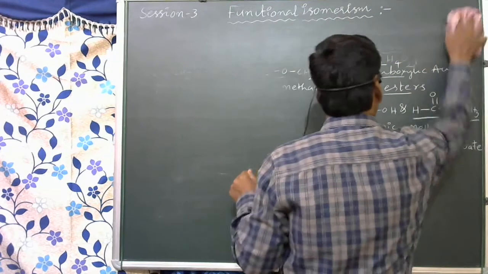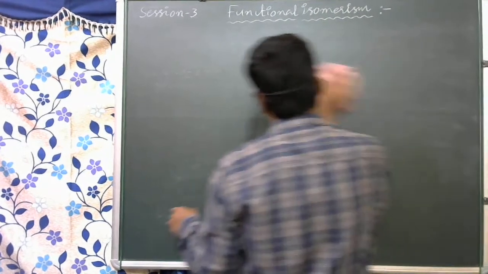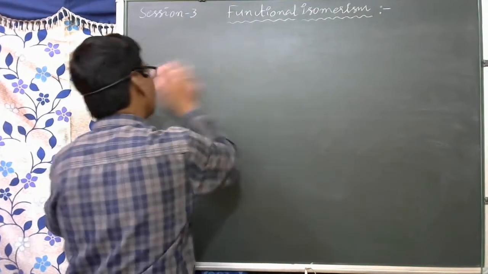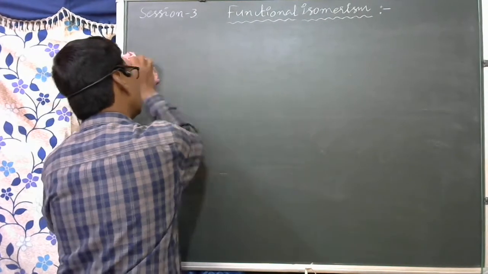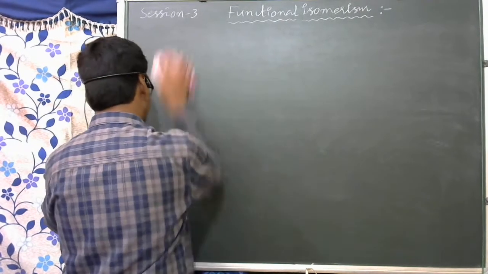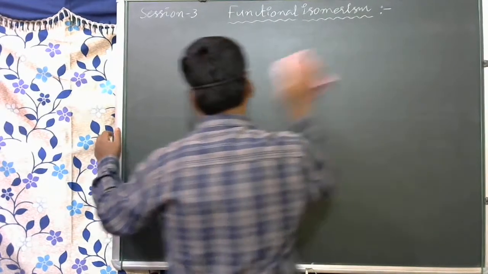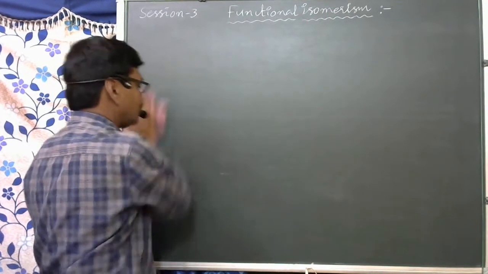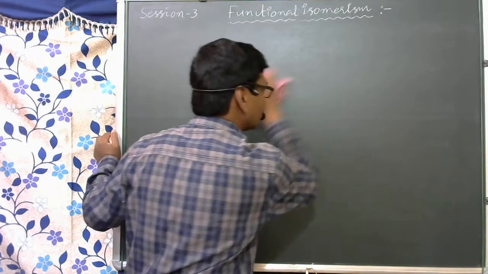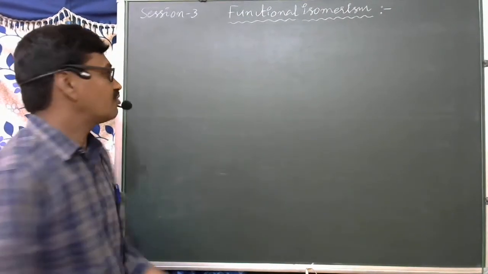But aldehydes can show functional isomerism even with enols, double bonded compounds. Enols also participate in functional isomerism because we need two different functional groups, but the molecular formula should be the same.